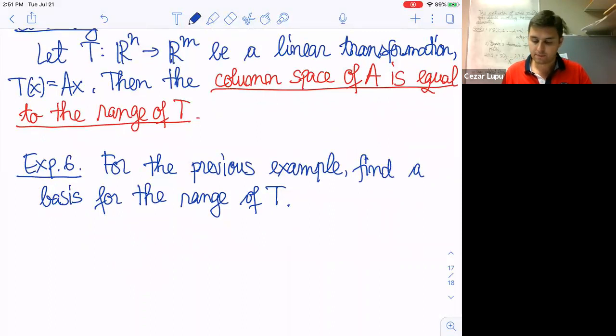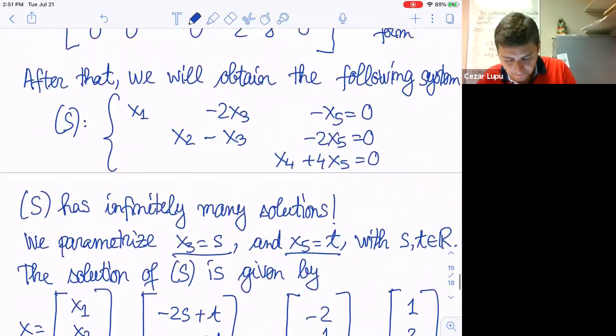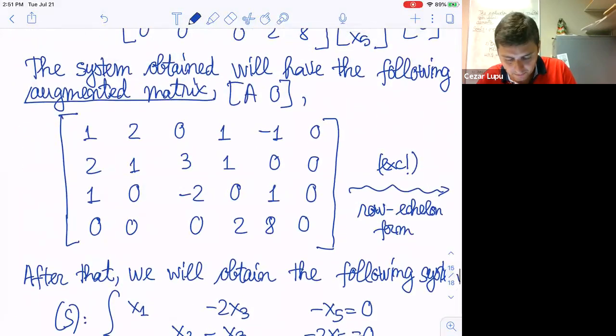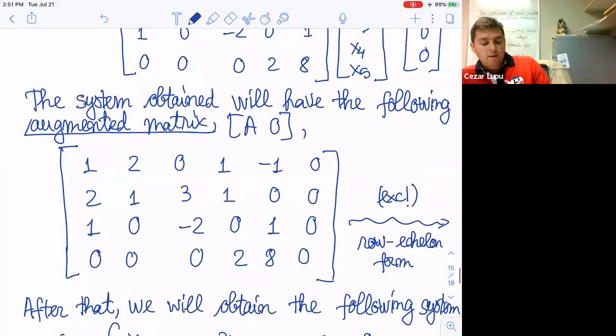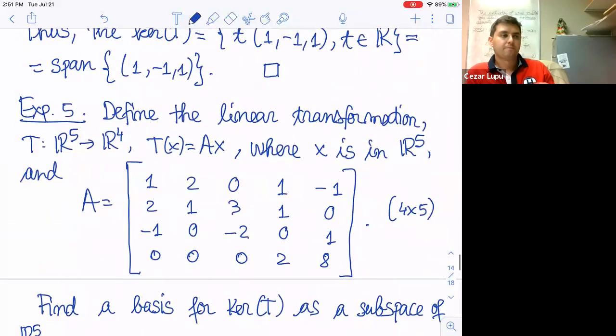Let's look at the matrix. Let's go back to the initial matrix. I don't need to put those zeros there anymore because I'm not talking about the kernel of T, right? I'm not talking about finding all those vectors X such that T of X will be the zero vector.